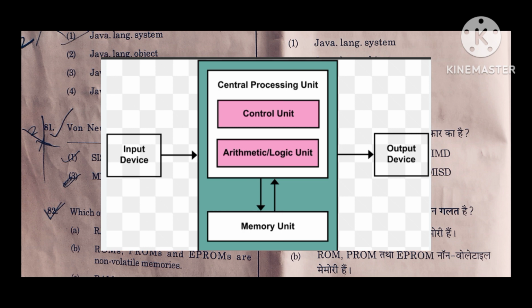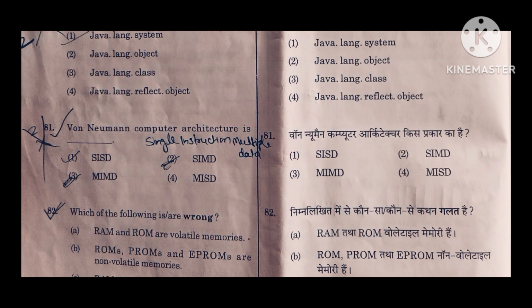The CPU includes the ALU, arithmetic logic unit, the CU, control unit, and registers, and performs actions on main memory data. Okay, a register is used to speed up the performance. Basically it is a temporary storage device.